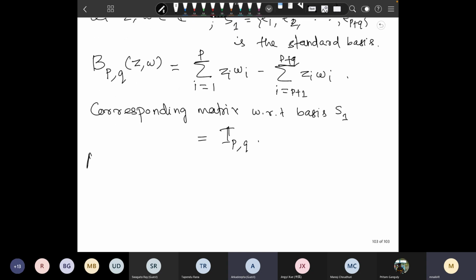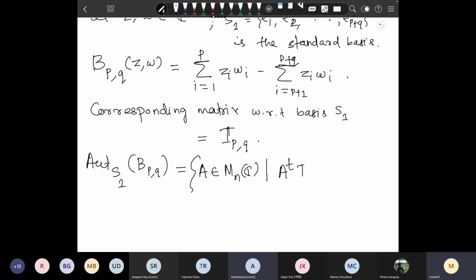Now what is O(S1, B_(p,q))? This is the set of T belonging to M_n(C) so that T transpose I_(p,q) T equals I_(p,q).